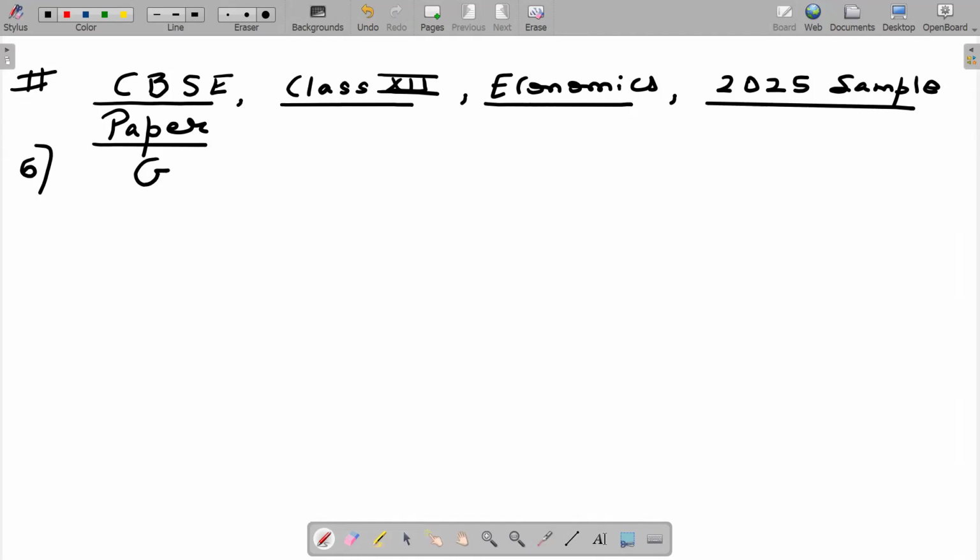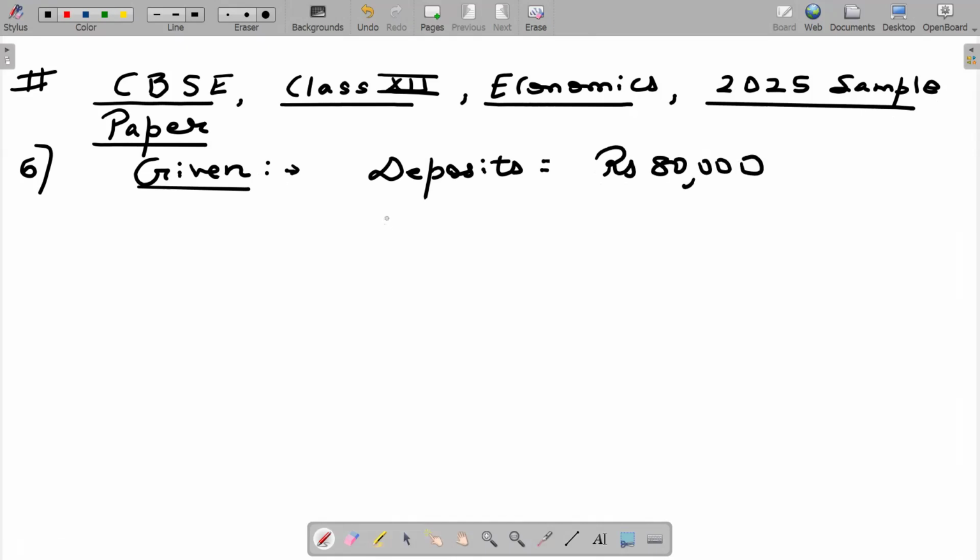So we are given that the deposits received by Punjab National Bank are rupees 80,000. We are also given that the required reserve ratio is 10%.